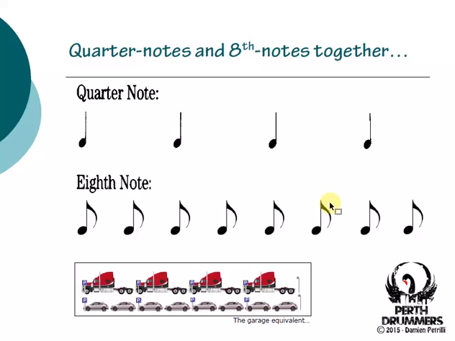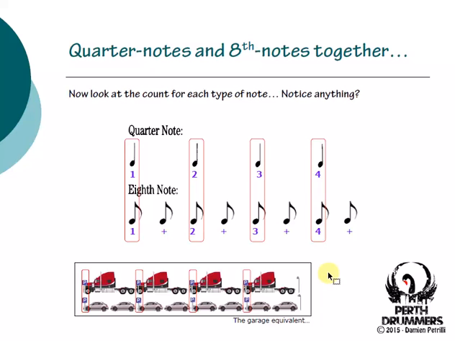So by definition, I would count these notes 1, 2, 3, 4. 1, 2, 3, 4. This is very, very important because it means now if I play eighth notes, and I understand from what I've been taught thus far that the 1, the 2, the 3, and the 4 still have to fall in time with those beats, it's going to mean that the ands have to be played or counted exactly halfway between the beats that I'm hearing.